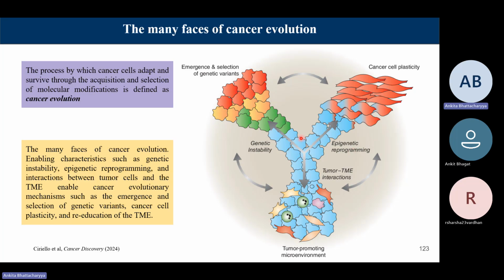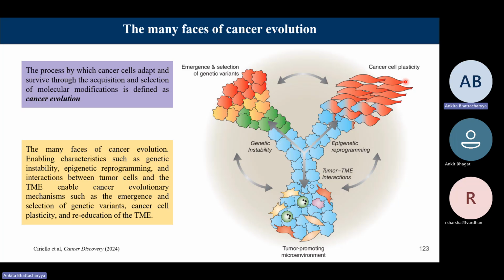This ability of cells to undergo a gradual shift from one type to another, usually the result of epigenetic reprogramming along with other changes, leads to what is called cancer cell plasticity.